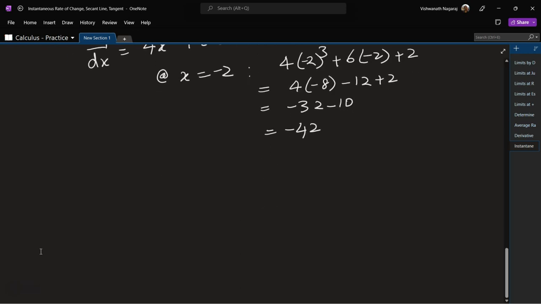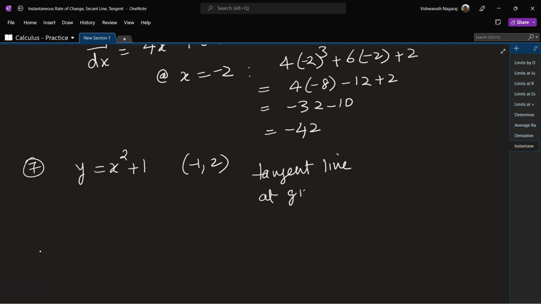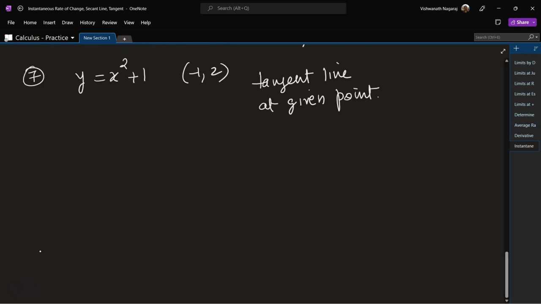Okay, seventh one. And now we shift. What we have to figure out is the equation of the tangent at minus 1 comma 2 of this curve. So we have to find the tangent line at a given point. Okay, so first we have to figure out the slope.